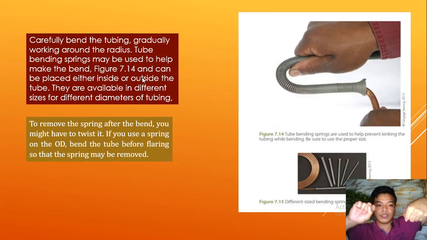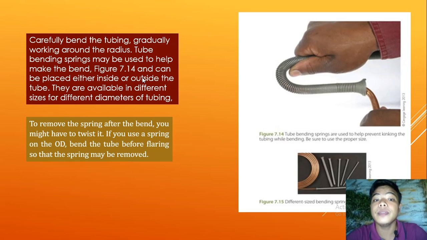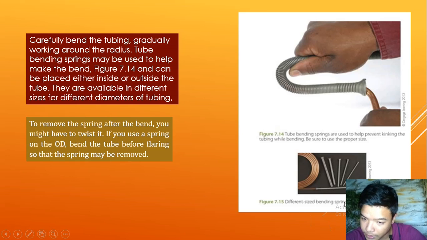You have to twist if you use a spring on the OD. Bend the tube before flaring so that the spring may be removed. Here in figure 7.15, here are different size bending springs. It differs on the size of the tube.